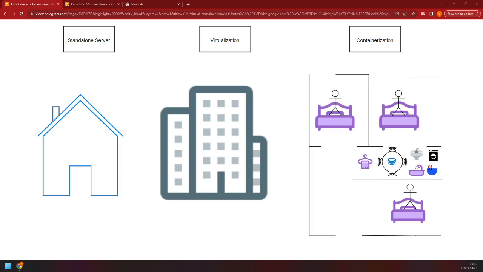In terms of resources, in the apartment, each apartment has its own kitchen, bathroom, living space, equivalent to an entire operating system in a virtual machine. This might be effective if you want an entire independent unit, but it is resource heavy because of the redundancy.